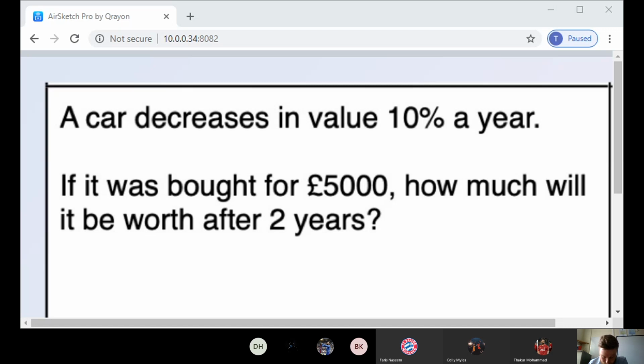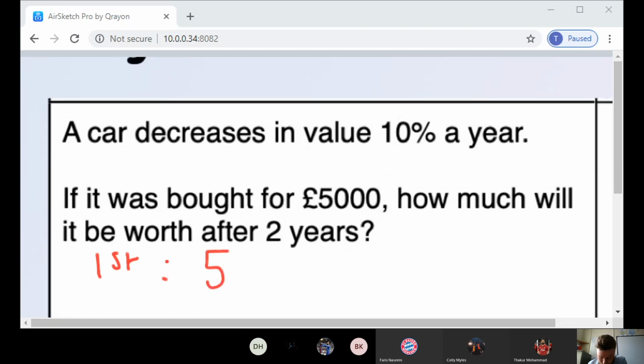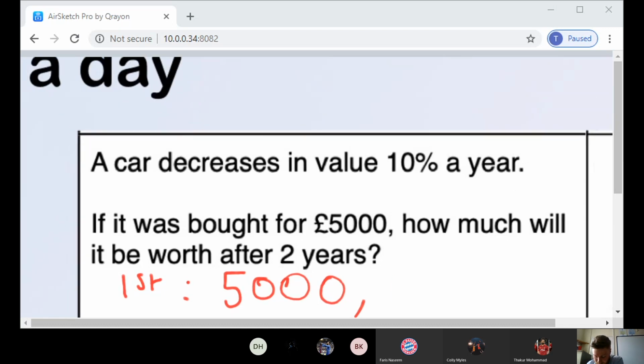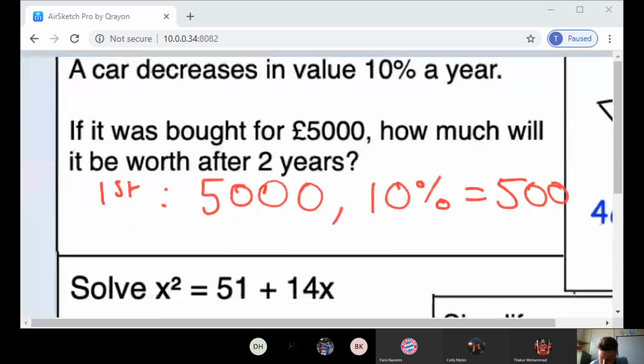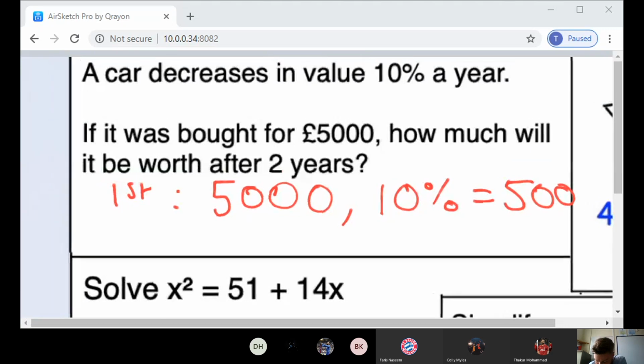So in the first year, we buy it for £5,000, and it decreases in value by 10%. Okay, so 10% of that amount is equal to 500. So after 1 year, it is now worth 4,500. That's the value of the car after 1 year.